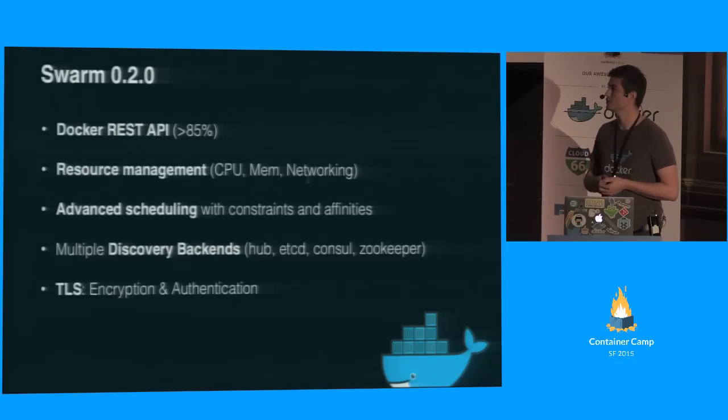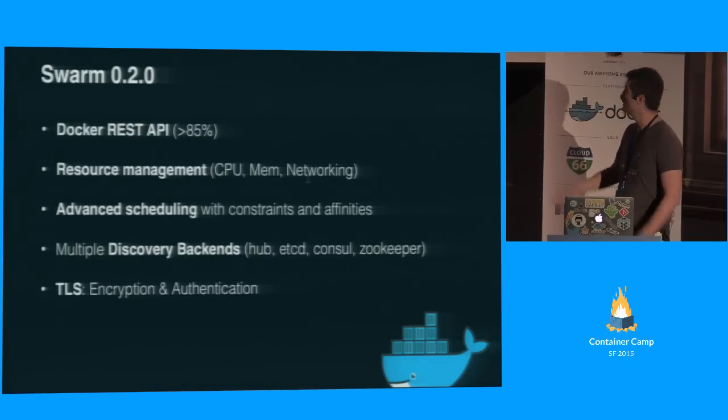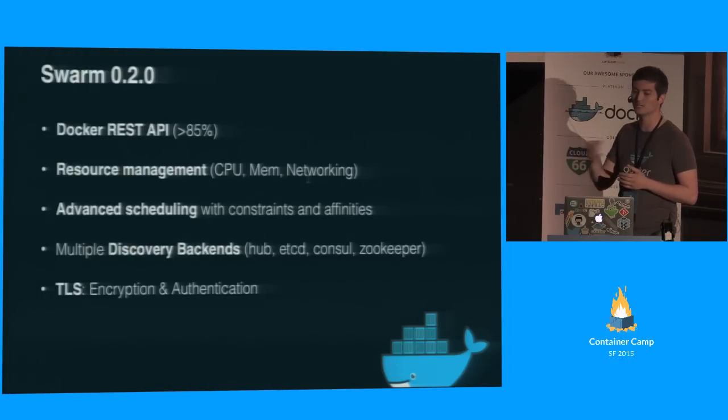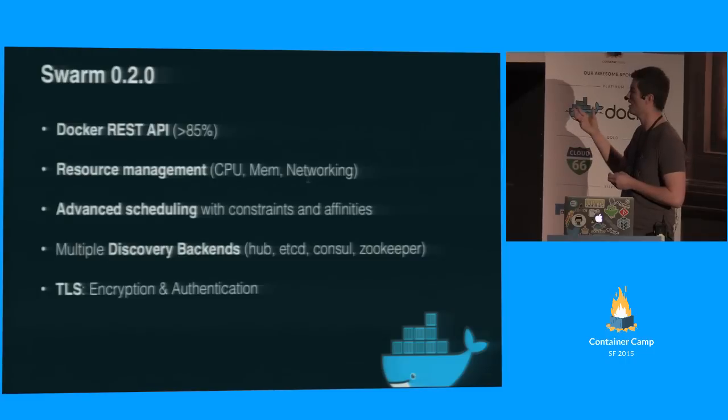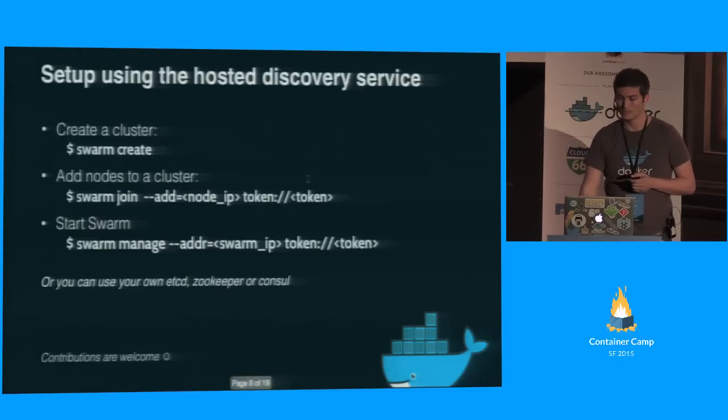We have a default one that just relies on the Docker Hub, but we're also shipping with support for etcd, Consul, and Zookeeper. And finally, since 0.2, Swarm is using the same authentication mechanism as Docker. So we use TLS between the CLI and Swarm, and between Swarm and the engines.